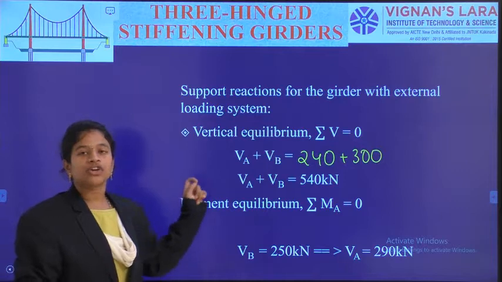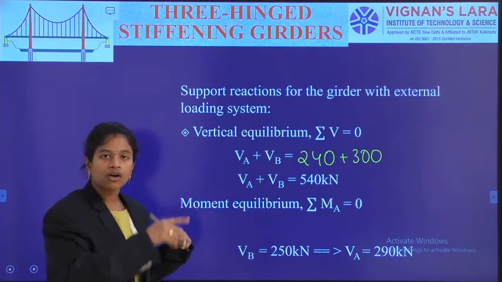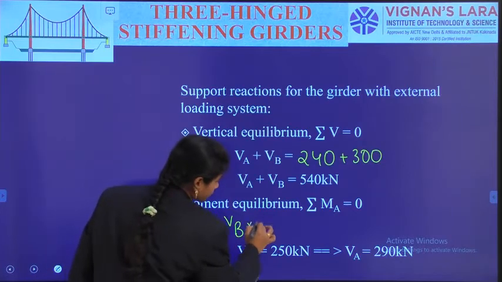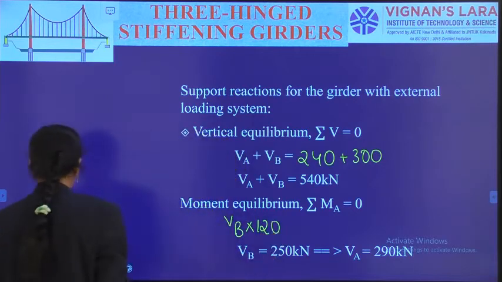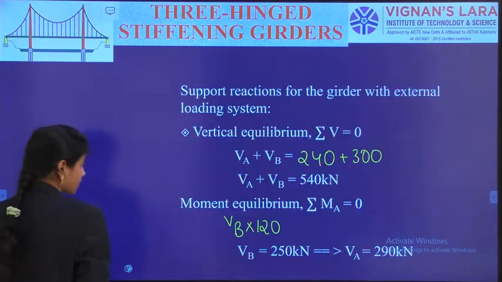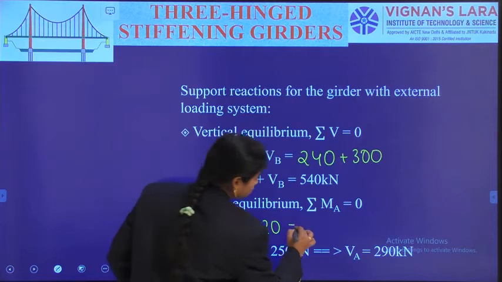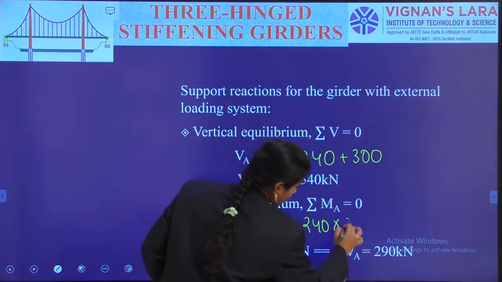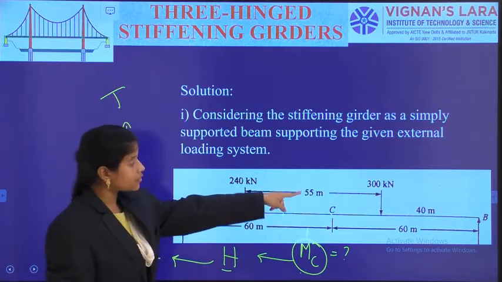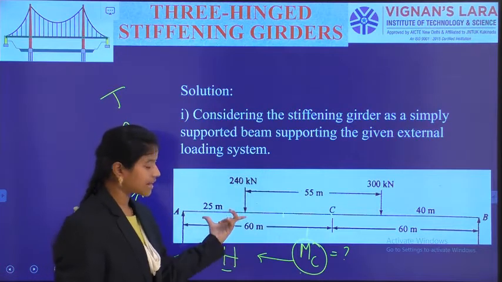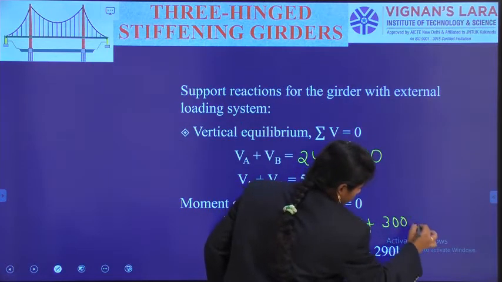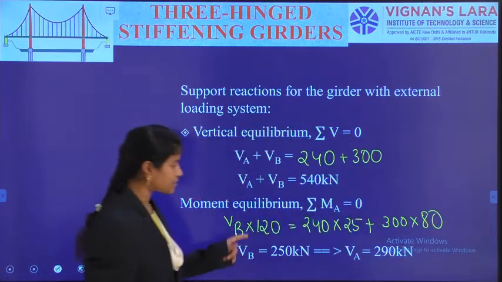And then the summation of all the moments about A: the sum of all the clockwise moments is equal to the anti-clockwise moments. So, VB into 120, as it is the 120 length, is equal to 240 into 25 plus another clockwise force, 300, which is located at 80 meters from the left support.